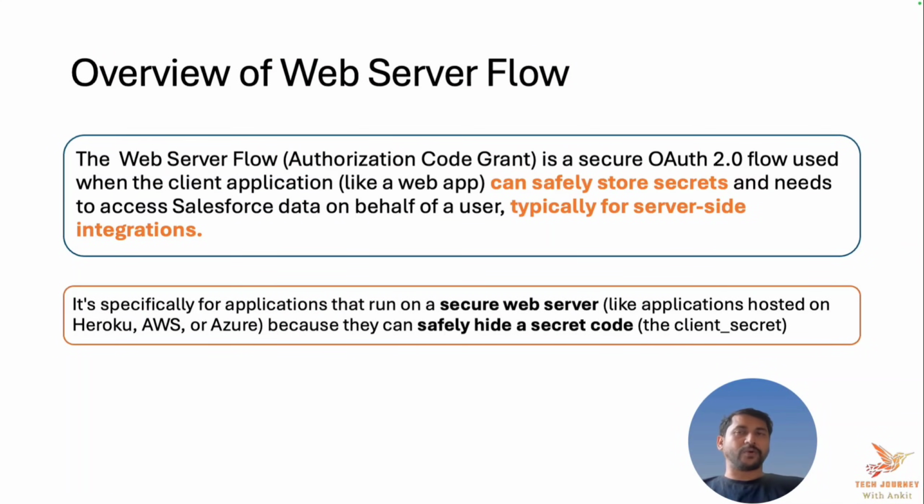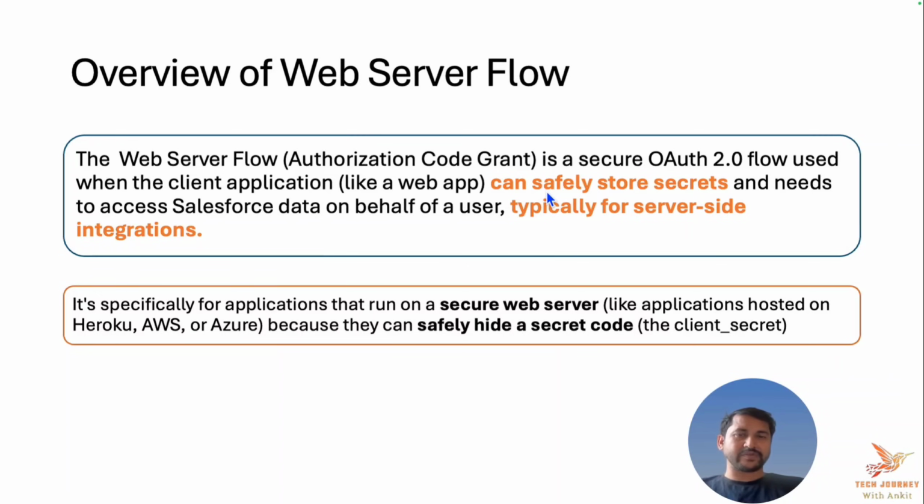So, web server flow, as I said, is also referred to as the authorization code flow. It's a secure OAuth flow. It is used when the client application, like a web app, and the key part here is, can safely store the secret. If you folks recall, in the case of the connected app, whenever we are creating the connected app, we have the client id as well as the client secret.